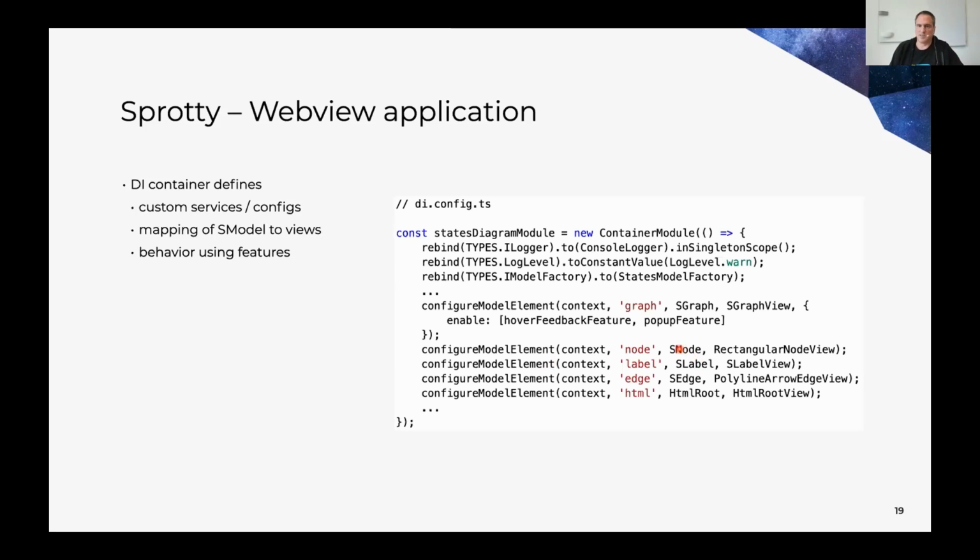So as you see here, a node is mapped to a view, and a label is mapped to a view, and an edge is mapped to a view. This is how Sprotty knows how to actually render an S model. You can also customize behavior using these features. So we made that composable. That means that you can add all kinds of features to all kinds of S model elements, like in this case, hover and pop-ups. They're also default features, so you usually don't have to touch that.